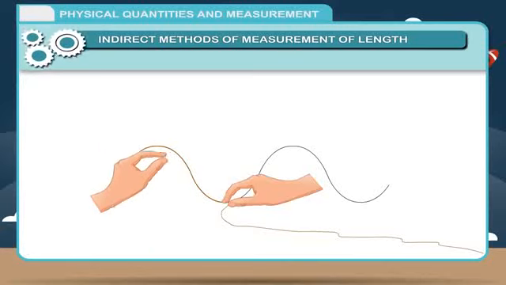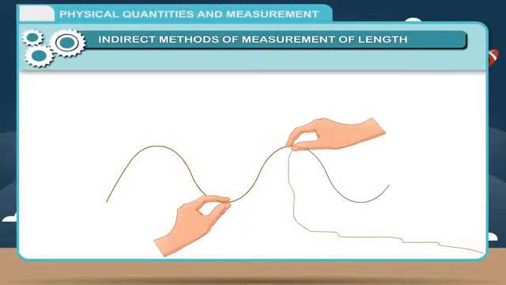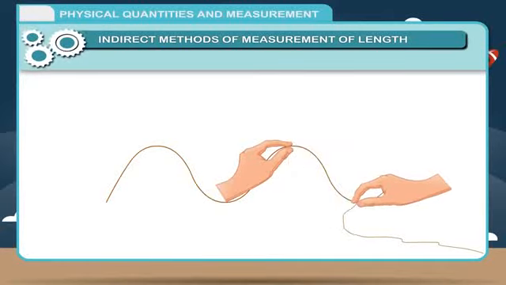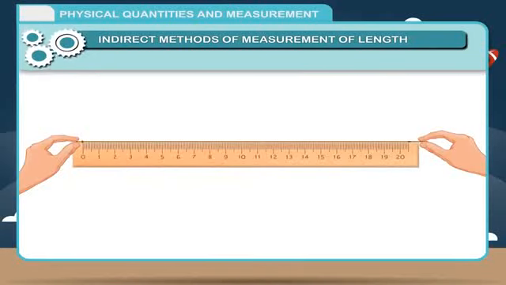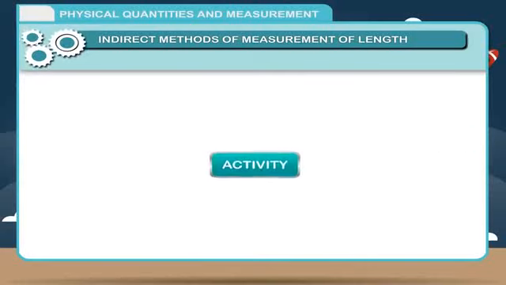Continue in this manner till you reach the other end of the curved line. Using a ball pen, put a mark on the thread where it just touches the last point on the line. Now, stretch the thread along a meter scale and measure the length from the knot to the ink mark. The length of this portion is the length of the given curved line.